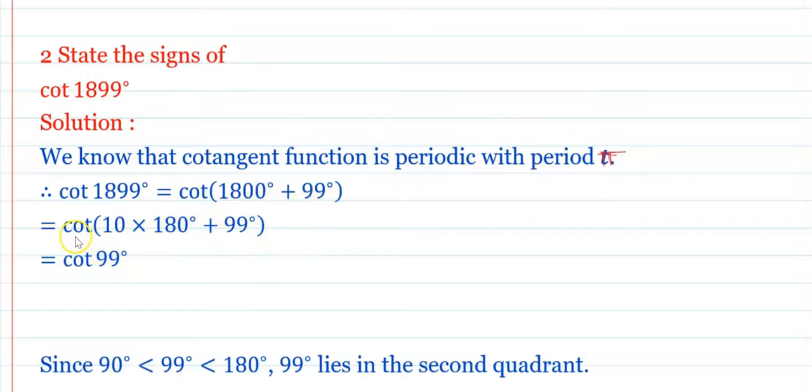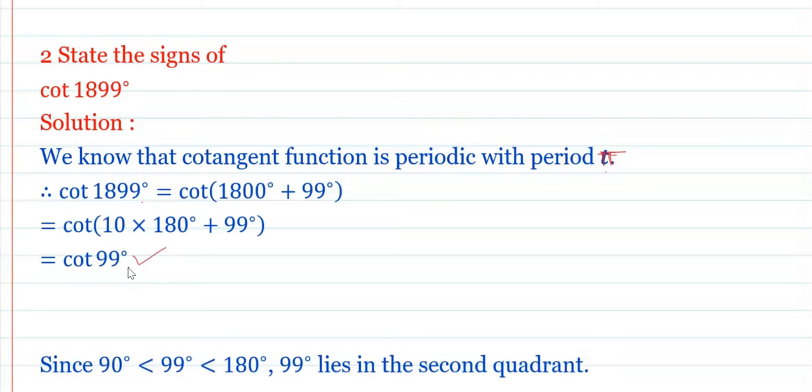And this is nothing but cot of 10 into 180 plus 99. And it is periodic with the period pi. It means integral multiples of pi, n pi. N is 10 here, and therefore cot of 1899 is nothing but cot of 99.